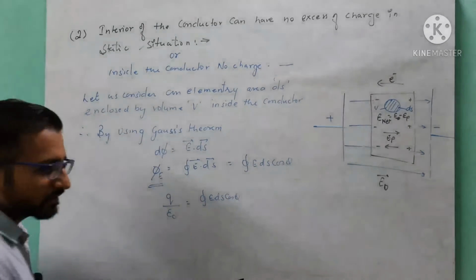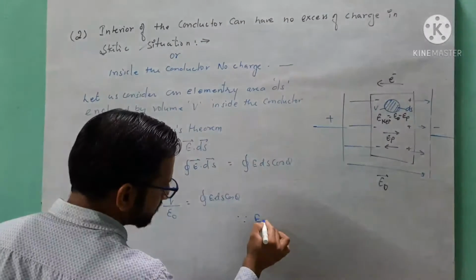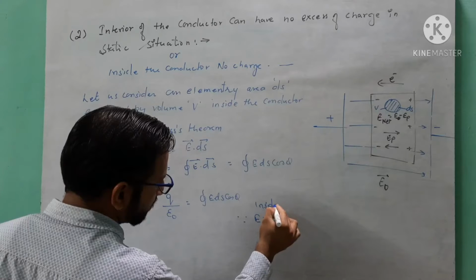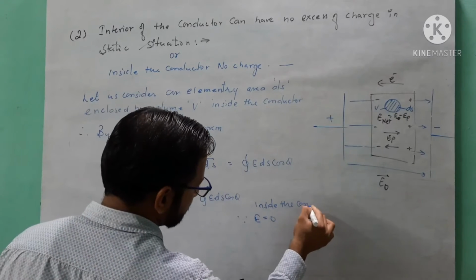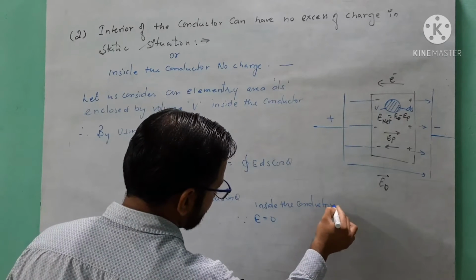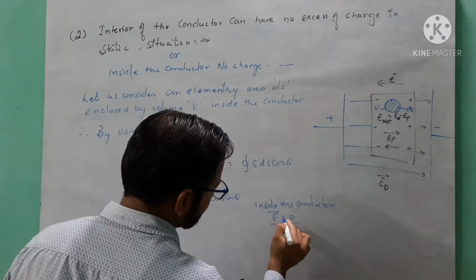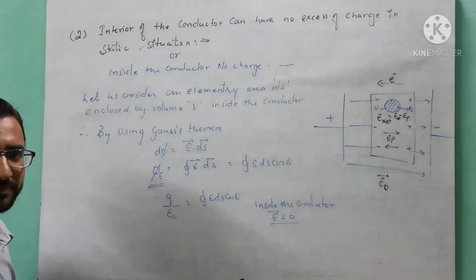And student, we know that inside the conductor E is equal to 0 from the previous result.